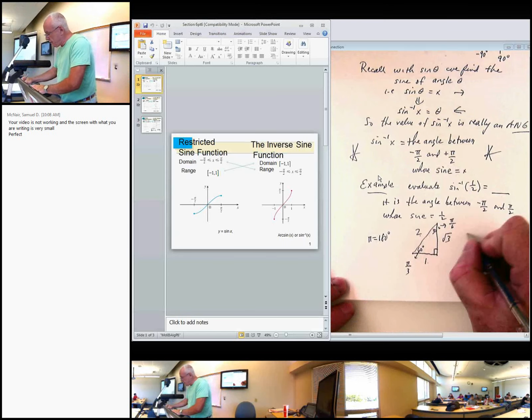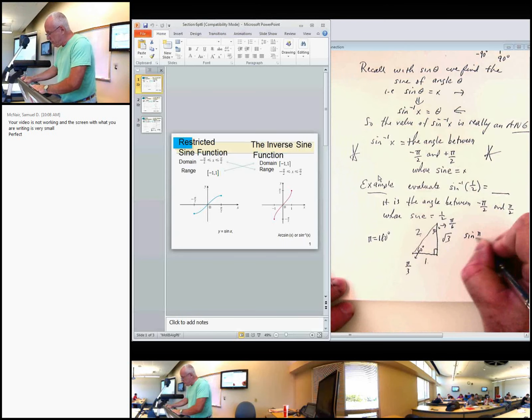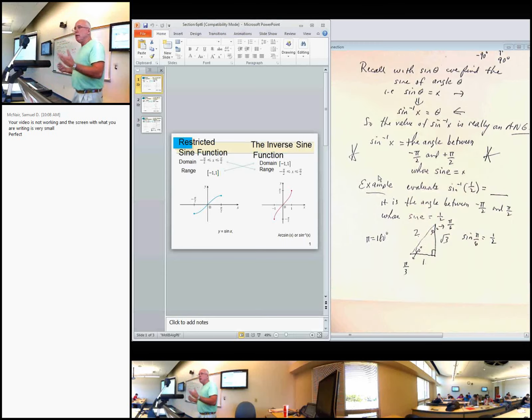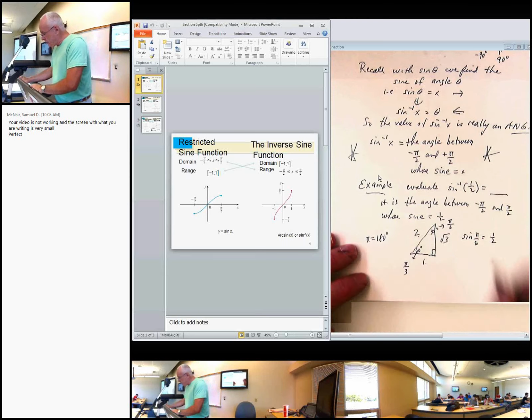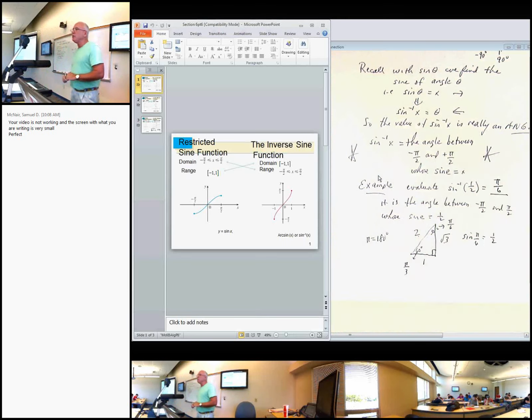So we know that the sine of pi over 6 is equal to 1/2. Pi over 6 is between minus pi over 2 and plus pi over 2. So that is my answer for sine inverse of 1/2. It's that angle between minus pi over 2 and pi over 2 whose sine is equal to 1/2.